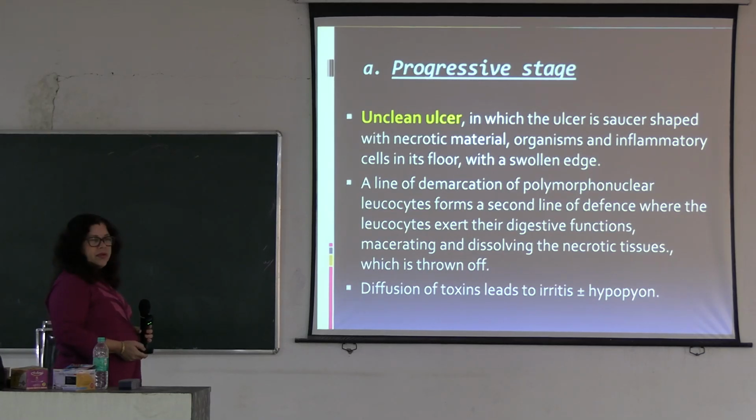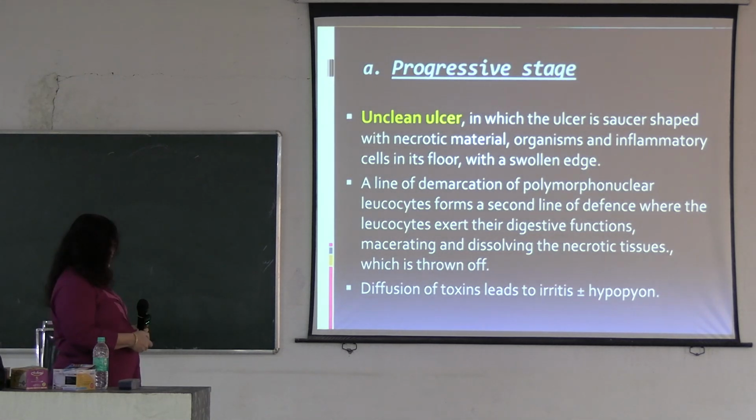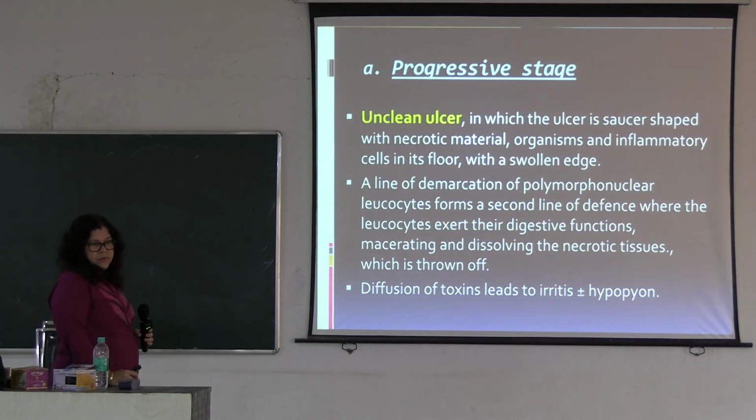So, in case of corneal ulcer, regular cleaning is essential to wash out the microorganisms. In this stage, some toxins are also liberated by the microorganism. They are absorbed by the cornea and affect the iris, and that causes iritis.